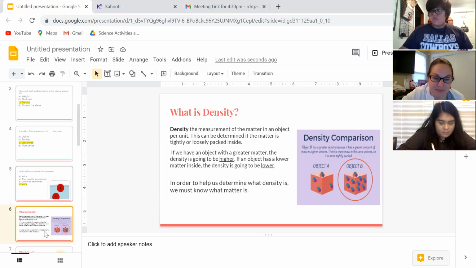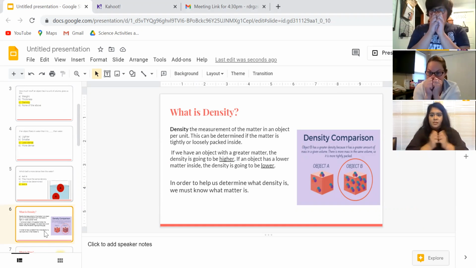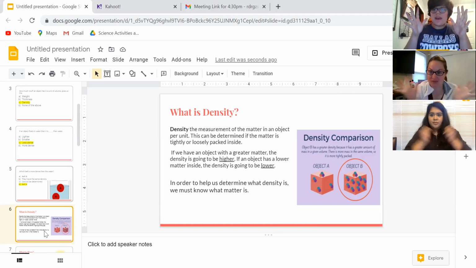So like we mentioned before, we're going to be talking about density, but what exactly is density? So density is basically the measurement of matter inside an object per its unit. So this can be determined if the matter is tightly or loosely packed. So you guys can go ahead and do that with me if it's tightly or loosely packed.